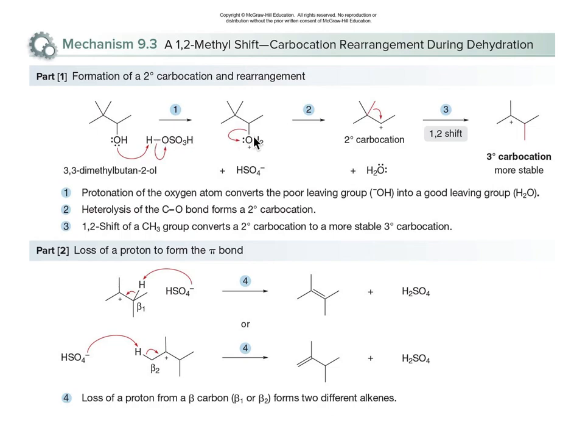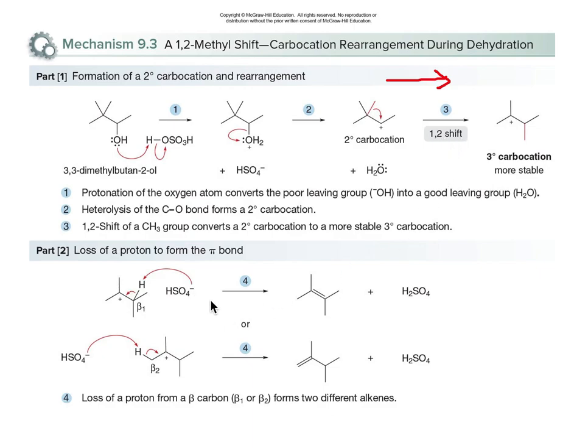Now it becomes a good leaving group, and that can leave because it gives us a secondary carbocation. So that's stable, but not very stable. Now what will happen is, if we had a hydrogen here, that hydrogen will move, but because we only have methyls, then one of the methyls has to move and position itself here. A tertiary carbocation is more stable than a secondary carbocation, so that's why this reaction is favored. That alkyl shift is worth it for the molecule.